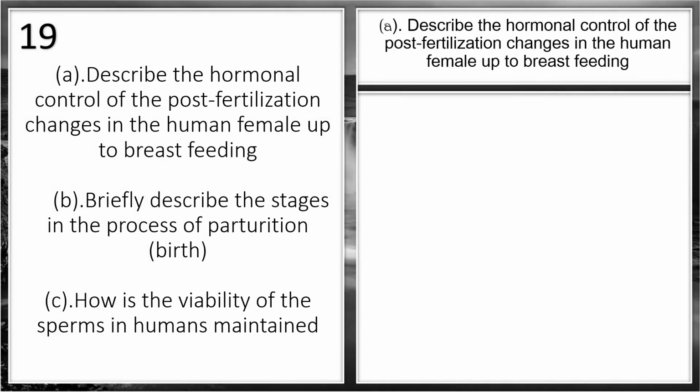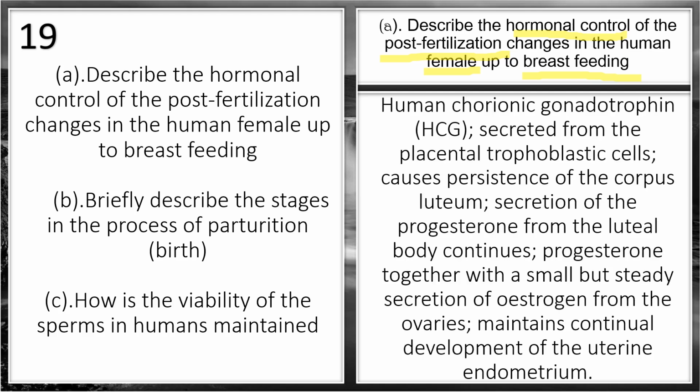Start with part A. Describe the hormonal control of the post-fertilization changes in the human female up to breastfeeding. Human chorionic gonadotrophin hormone is secreted from the placental trophoblastic cells, causes persistence of the corpus luteum, which secretes progesterone from the luteal body.